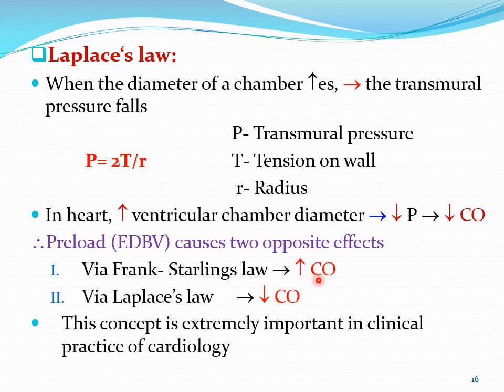Frank-Starling's law says there is an increase in contraction, that means an increase in cardiac output. Laplace's law says there is a decrease in cardiac output, that means a decrease in contraction of the ventricle. So why this opposite effect?